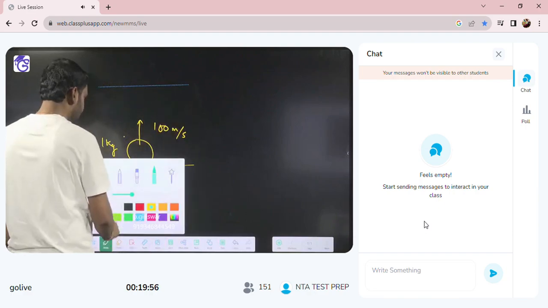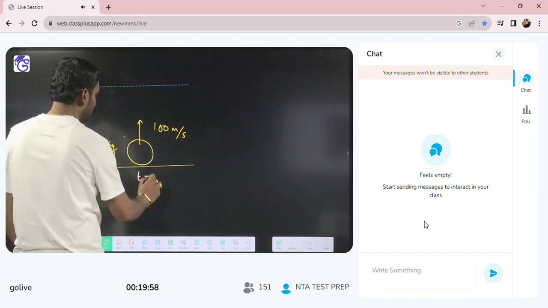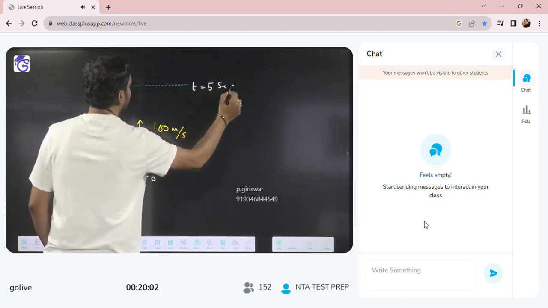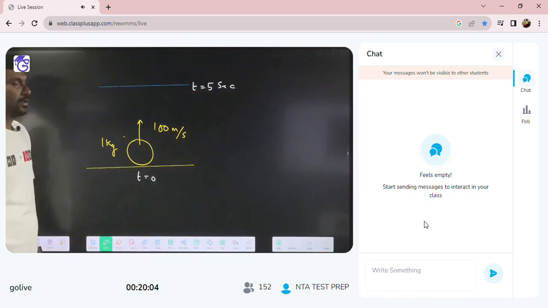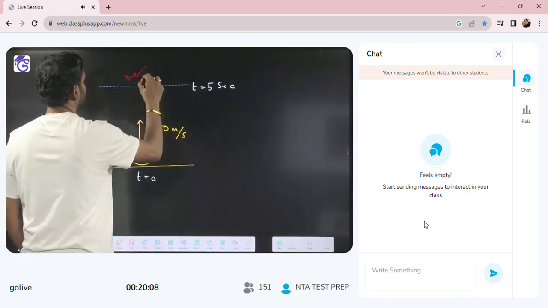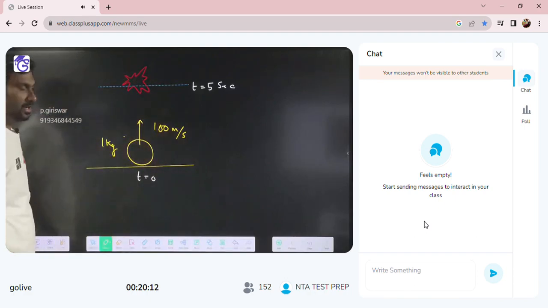This is happening at t equal to 0. This is t equal to 5 seconds. At t equal to 5 seconds, an explosion takes place.